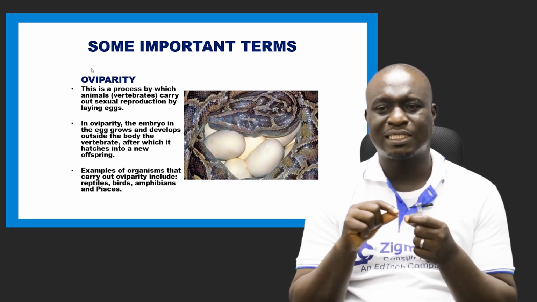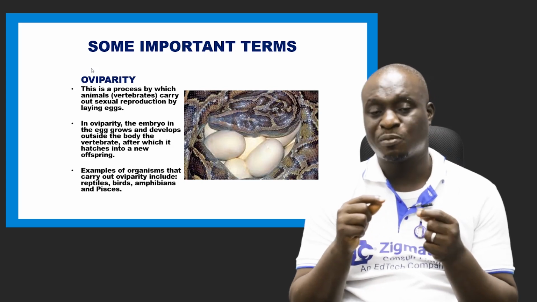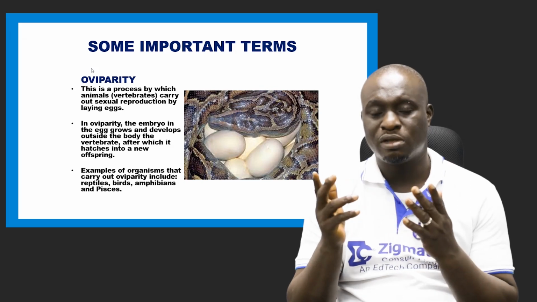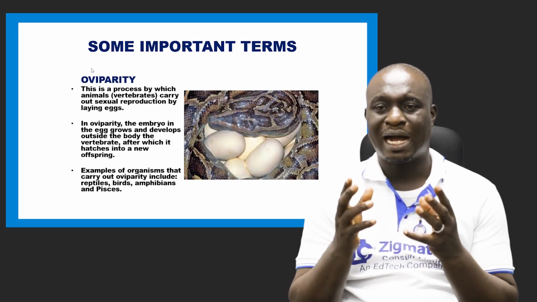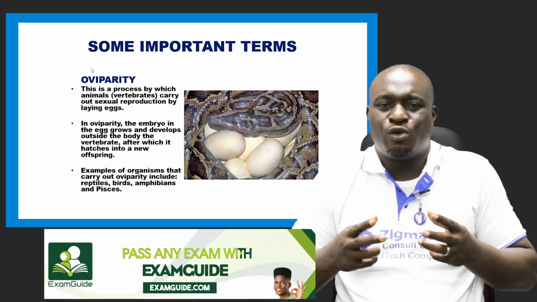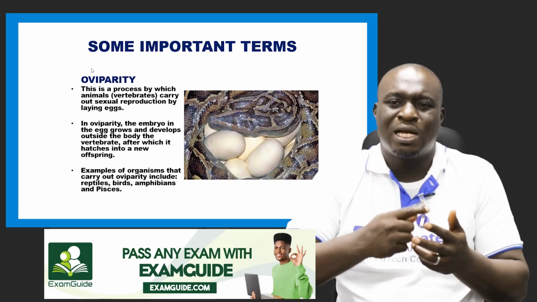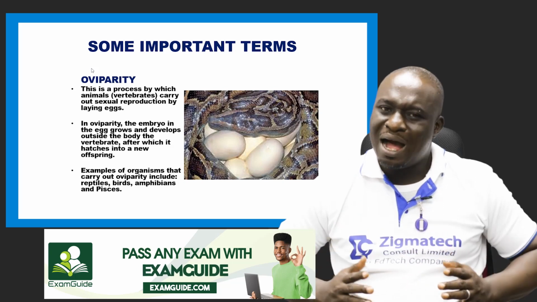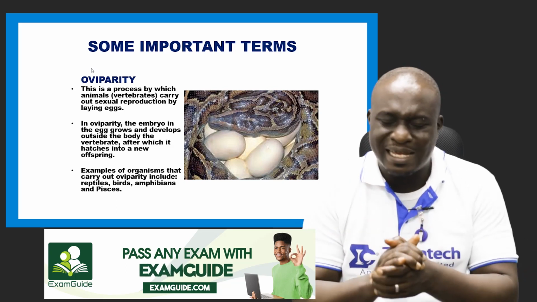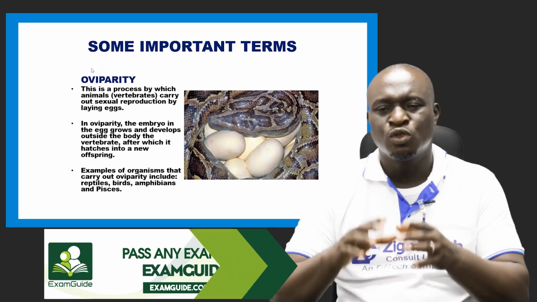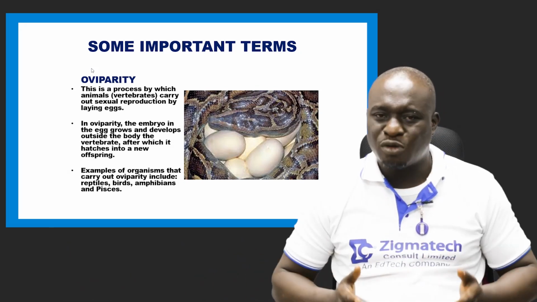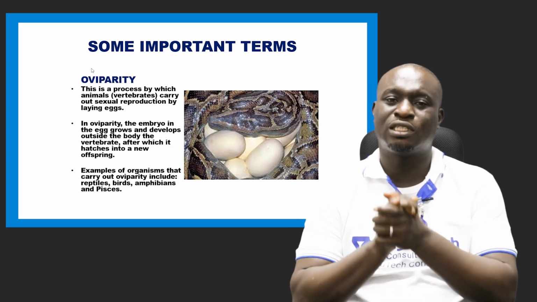Number two is that in both the egg of catfish and the egg of the domestic fowl, the embryo grows and develops into a new individual outside the body of the female parent organism.